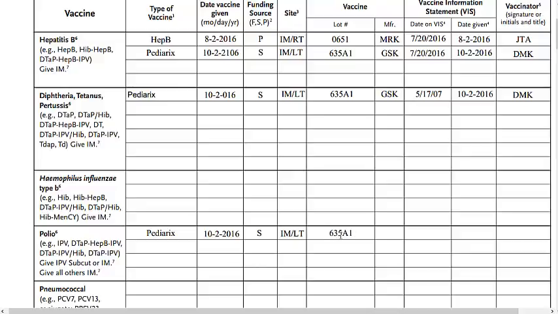My lot number, who my manufacturer was, the date on the VIS for the polio vaccine is the 20th of July of this year. The date that I gave that VIS to the patient, and then my initials.